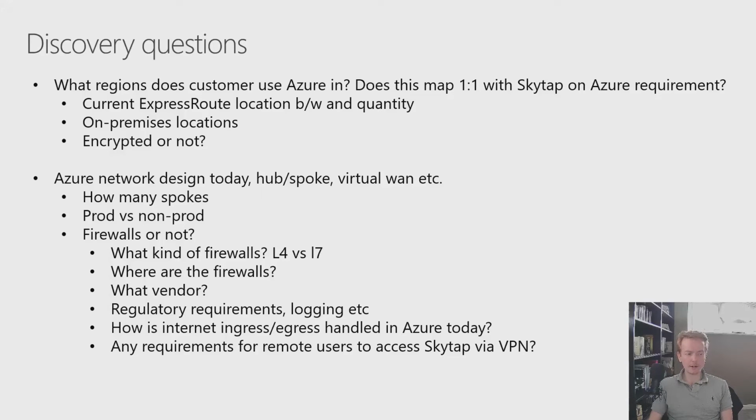Another key area here is to think about encryption. So we see a lot of customers inside of regulated industries like healthcare and government already encrypting at the network layer between their on-premises locations and Azure. And we need to understand if that same constraint or design requirement is going to apply to Skytap on Azure, because that will fundamentally change how you configure the networking.